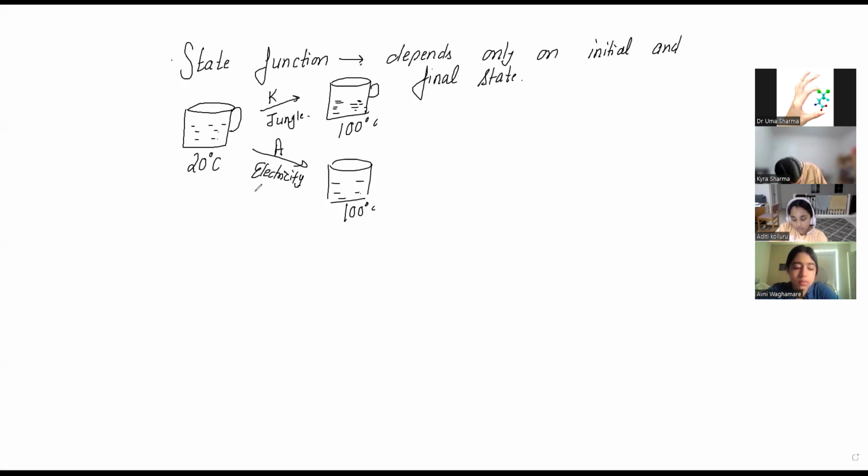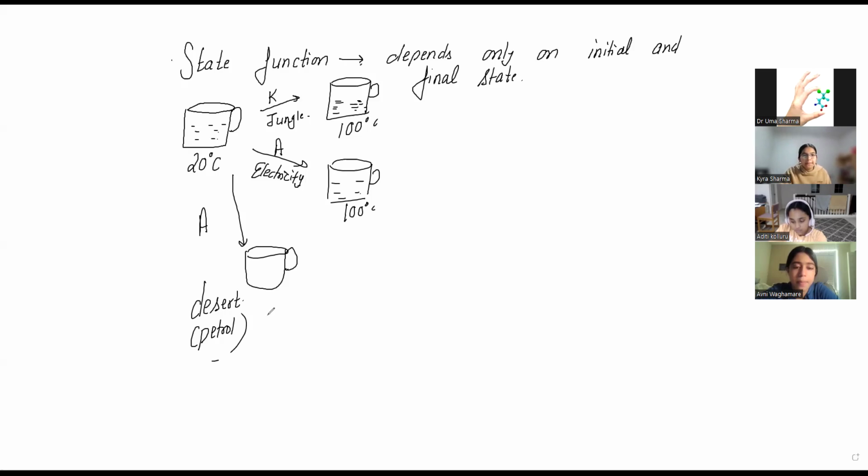100 degrees Celsius. Now, I have given the same cup of water, same amount and the same cup, to Avni. And Avni is in a desert. Desert will not help. Avni is in a desert where she has access to petrol, gasoline. Okay. Now tell me, Kyra, can you raise the temperature to 100 degrees Celsius?